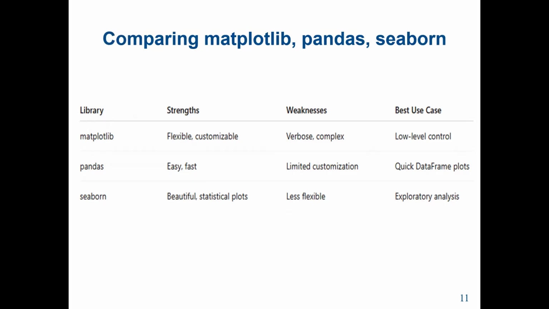So as we mentioned earlier, visualization is about communication, not decoration. So seaborn has nice things, but we make sure we don't overuse it, not to decorate too much. Also, we mentioned that we should always choose the correct chart type.